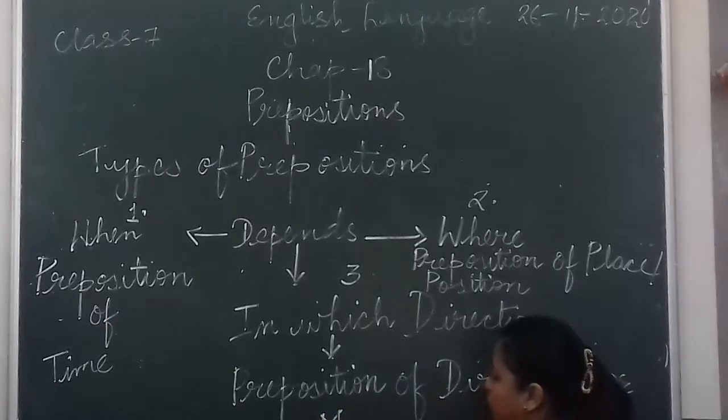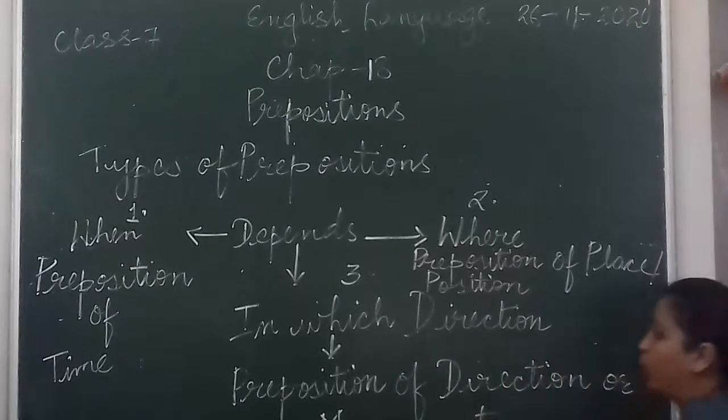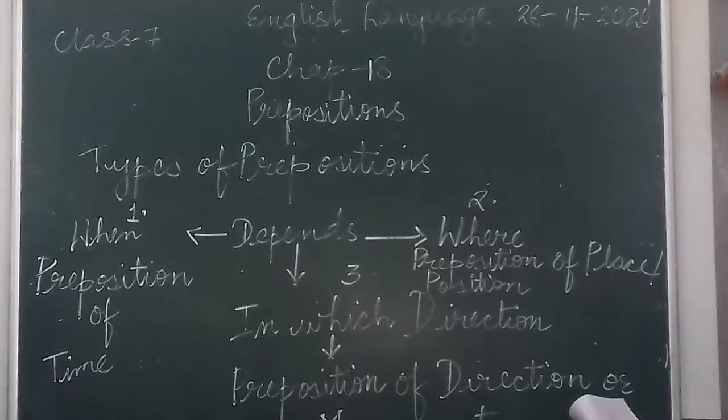Okay, so a preposition depends on three things, that is when, where, and in which direction. So when, it's the preposition of time. Where, it is known as the preposition of place or position, and in which direction is known as the preposition of direction or movement.